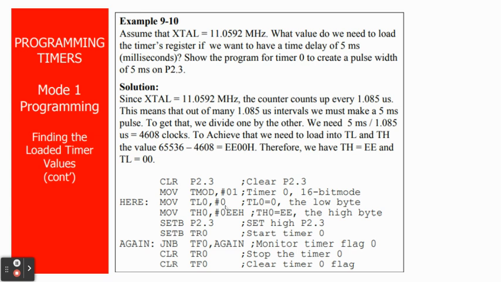Then we move 0 to our TL0. So the low byte TL0 will contain 00, and the high byte will contain EE hexa, which is actually 1110 1110 if we represent it in binary.